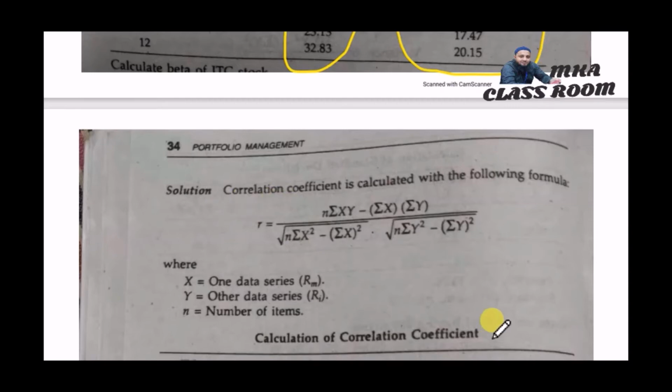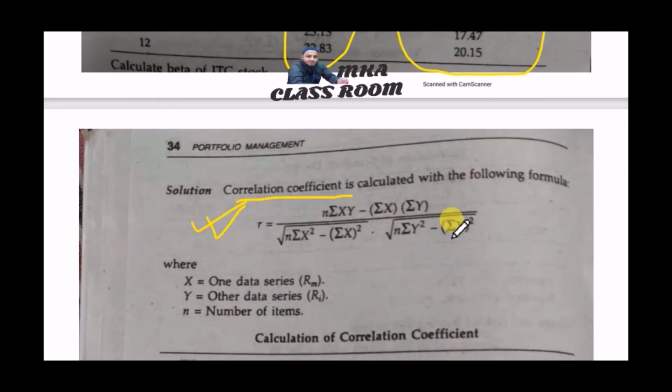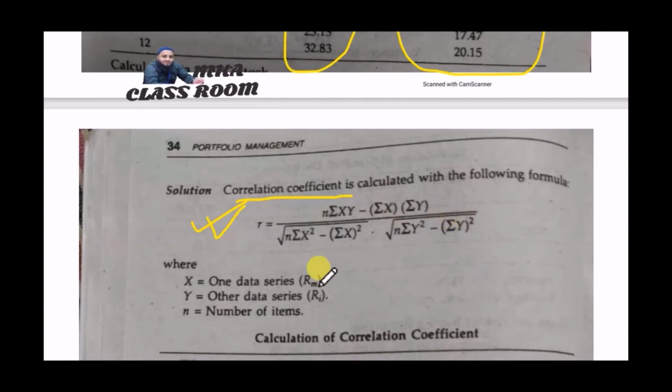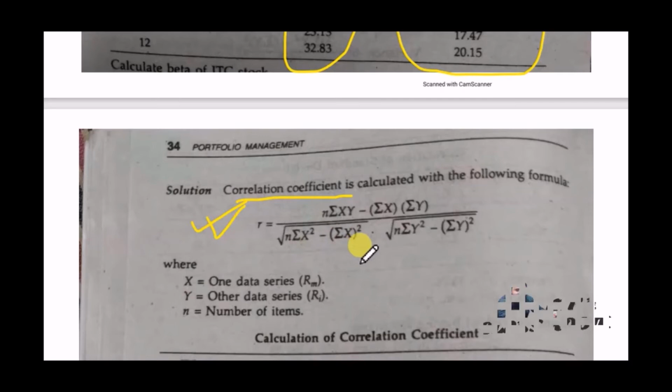So R means the correlation coefficient. The correlation coefficient is calculated by using this formula: R equal to N into summation XY minus summation X into summation Y, divided by root over N into summation X square minus summation X whole square, into root over N into summation Y square minus summation Y whole square.